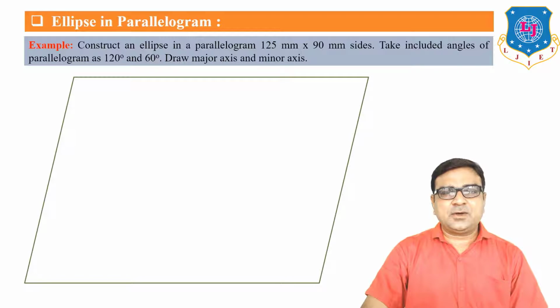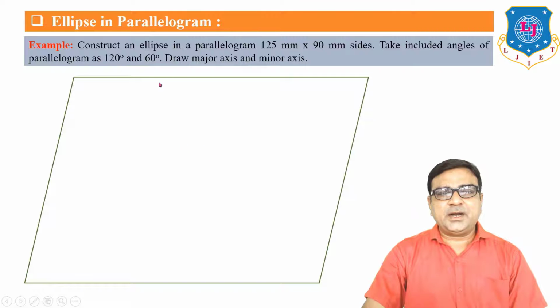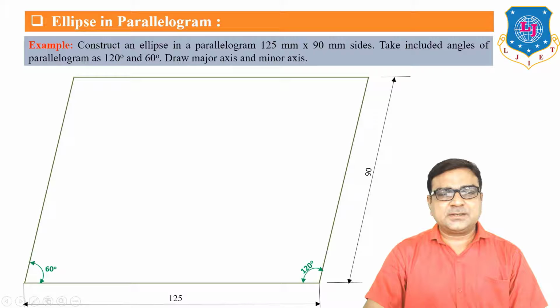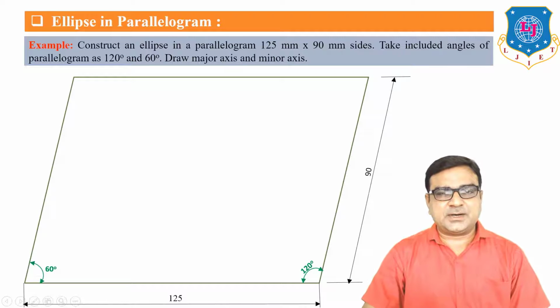So draw one parallelogram of given size, 125 mm and this is 90 mm, but the included angle is 60 degrees and 120 degrees. So here this angle is 60 degrees, 125, 90, 60 degrees and this is 120 degrees.